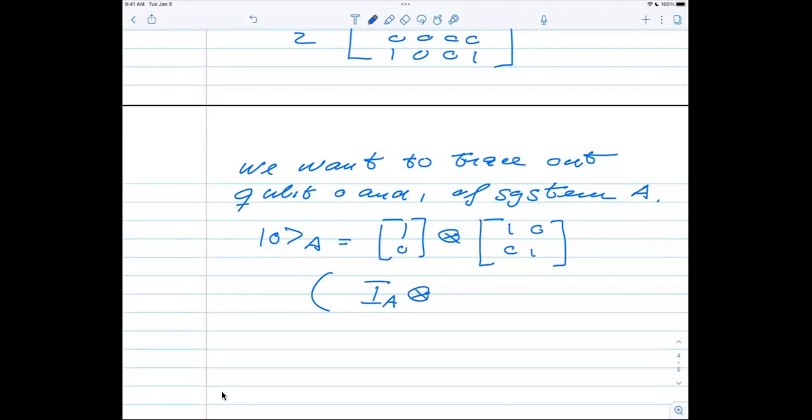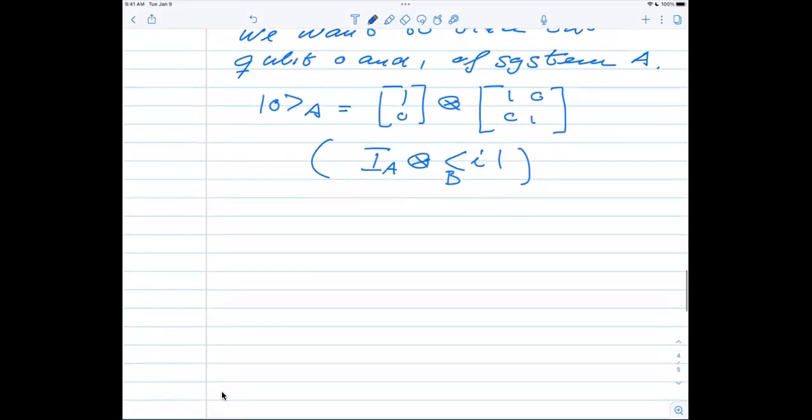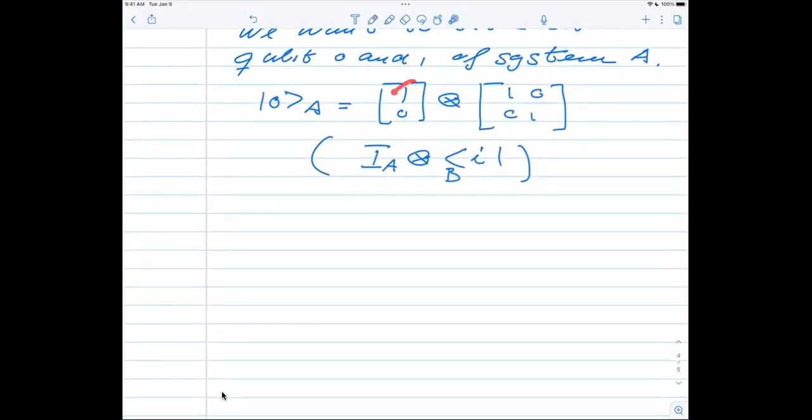And this is now multiplied with, and if we're putting this up in this specific way, this is actually the tensor product with one of the qubits in system B. And now we have specified just qubit, no sorry, qubit 0, which is given by this specific vector here.